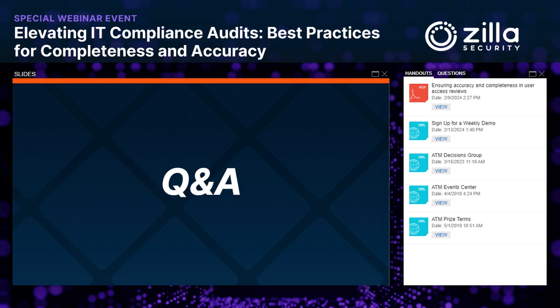And is there something key and unique, to use the marketing speak, that you would give for Zilla Security that really makes you stand out? I think what makes us stand out is the ability to collect from almost any application. We have multiple types of collection endpoints, whether it's a direct API connection into a cloud application, or a CSV upload for things that are on premise or don't have an API, to things such as Zilla Universal Sync, which allows us to connect to basically any web application through a robotic process and bring in the accounts and permissions from that environment.